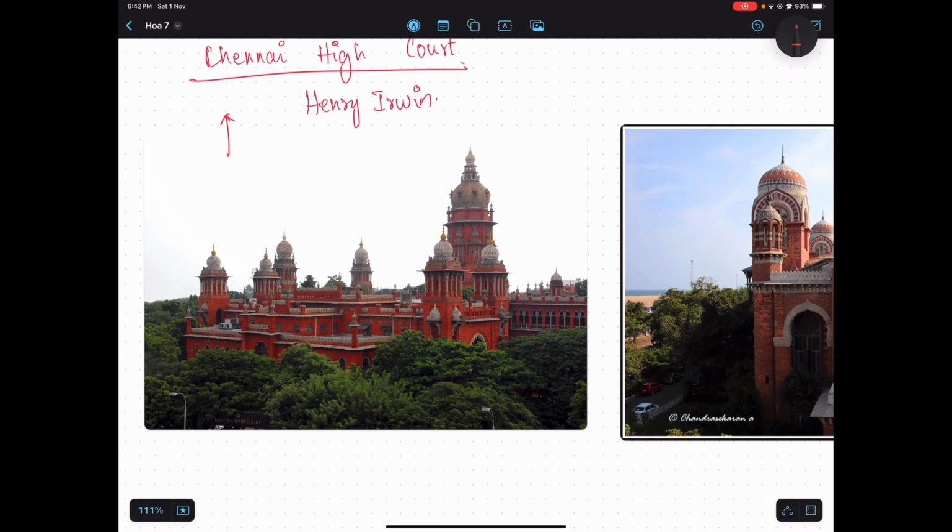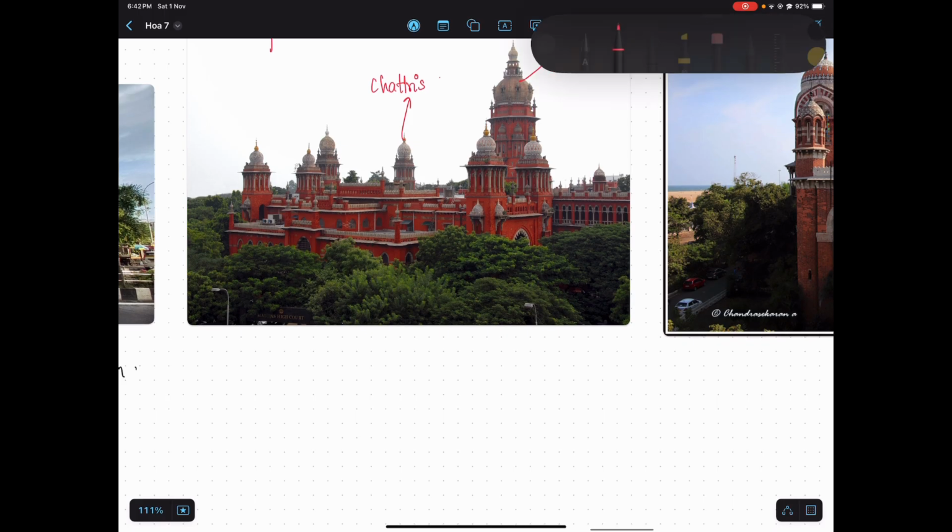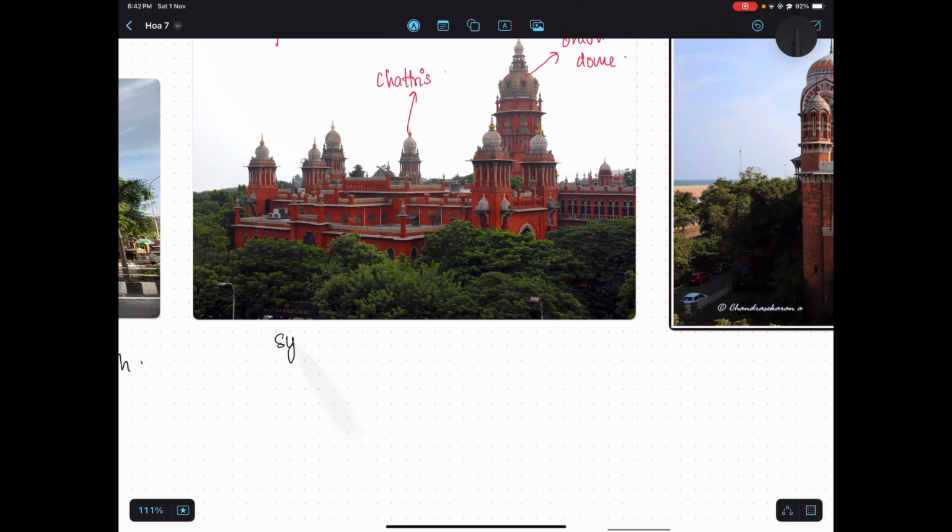First off, you can see the onion dome and chhatris, and this had a symmetrical centralized planning.